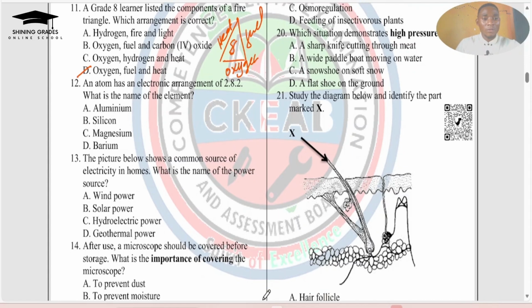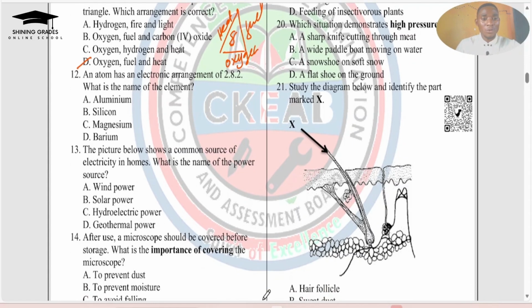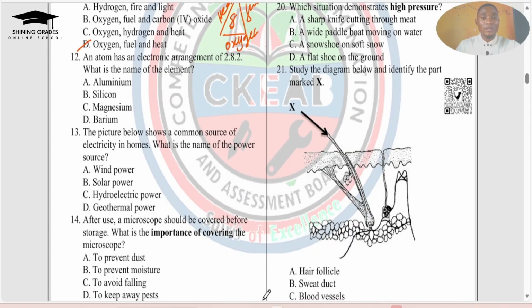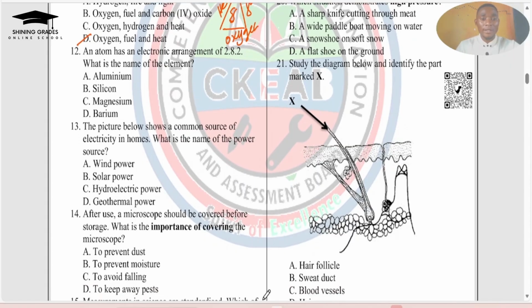Question 12. An atom has an electron arrangement of 2,8,2. What is the name of the element? Learners, from the list of the first 20 elements, we understand that elements are arranged based on the number of protons they have, from hydrogen, the first, to calcium, the 20th.